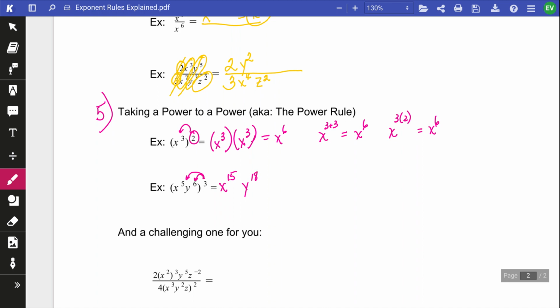Easy as that. So remember, the power rule is when you multiply the powers. Okay? Make sure, though, there's only one base. So see, in our first example, there's only one x. And then there's 2 powers. There's the 3 and the 2. So that's the difference between that one and the others.